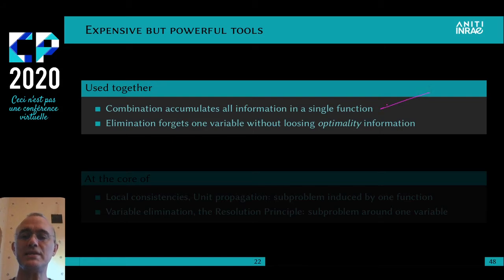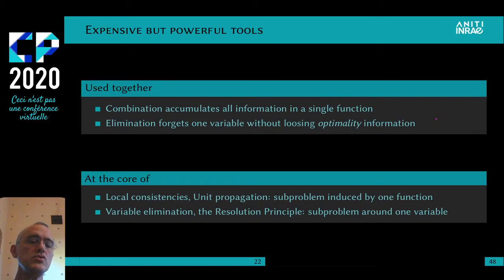Combination loses no information, of course, everything remains equivalent. Elimination loses a bit of information, but it preserves optimality, because we assume that x1 will take its optimal value. And these two operations are actually at the core of two important families of operations: local consistencies and unit propagation in SAT, when we apply these operations on a sub-problem induced by one non-naive function.